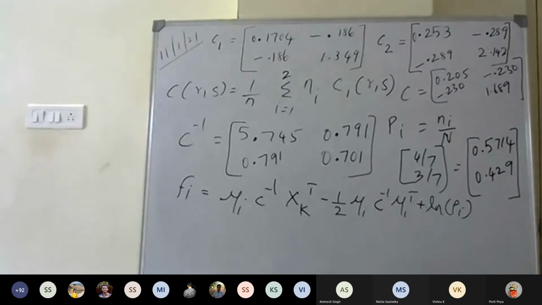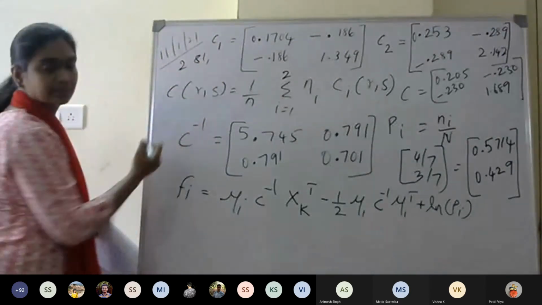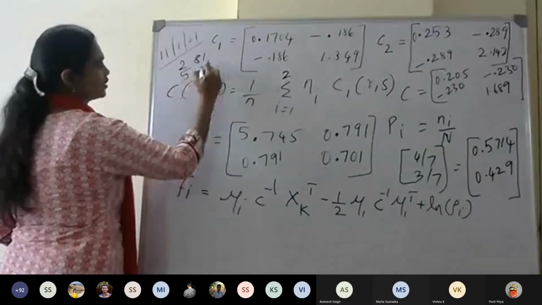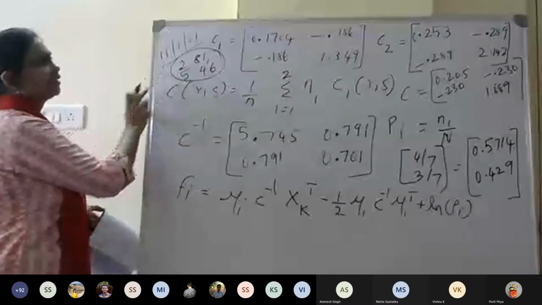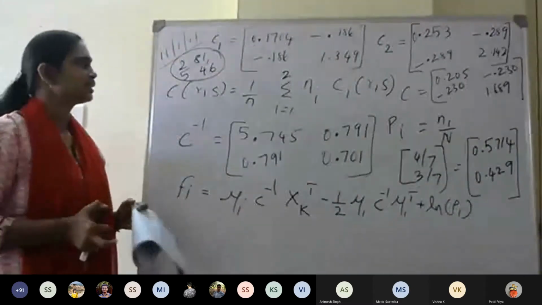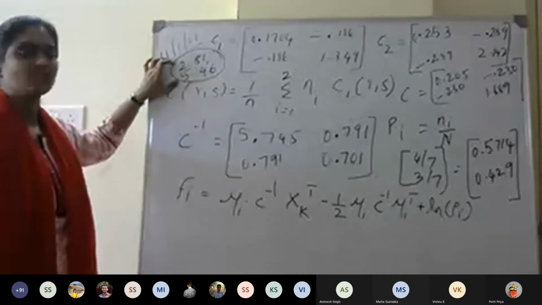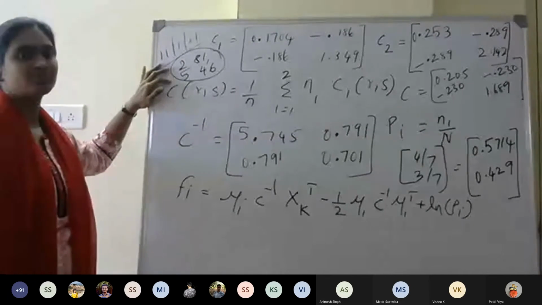If you scroll up, you can find the new chip ring has curvature 2.81 and diameter 5.46. So for this set of values, which class will it belong to? That means how far this will be varying from the two classes based on these features.